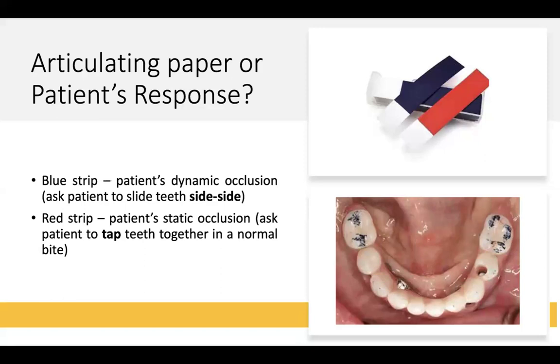So we have to remind ourselves that the blue strip is used for side to side, when we ask the patient to slide side to side, so this is for the patient's dynamic occlusion. Then the red strip is used when you ask your patient to tap. So that's for the patient's static occlusion. So we just have to remind ourselves.